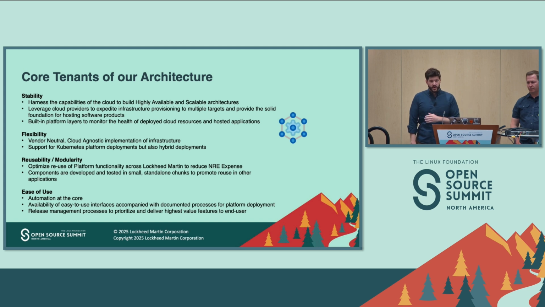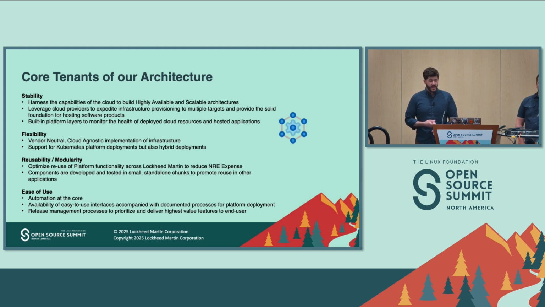So really leverage all the great work in open source and cloud native to bring that to as many infrastructure providers as possible to meet where your customer is working. And you want to be building in layers to monitor that system from the ground up. It shouldn't be an afterthought. You really got to know what's happening in the system throughout the entire lifecycle process.